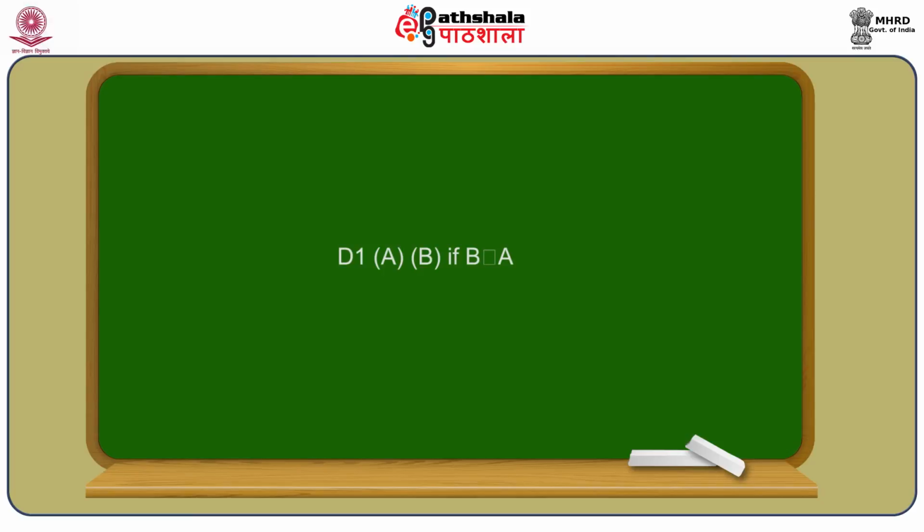Let's say we take a look at example 16. D1 A's are B's if and only if B is a subset of A. So this is in some ways the opposite of every, right? Every A is B is true if and only if A is a subset of B. This is one that says D1 A's are B's if and only if B is a subset of A.